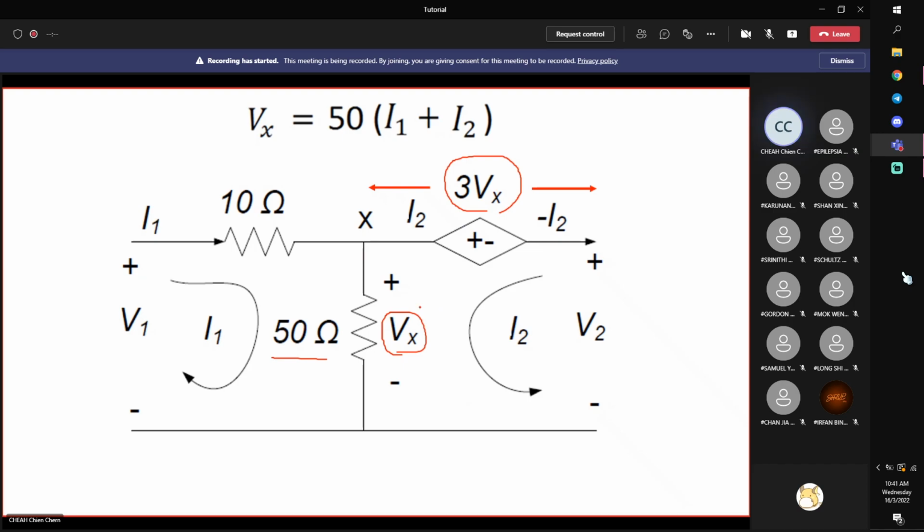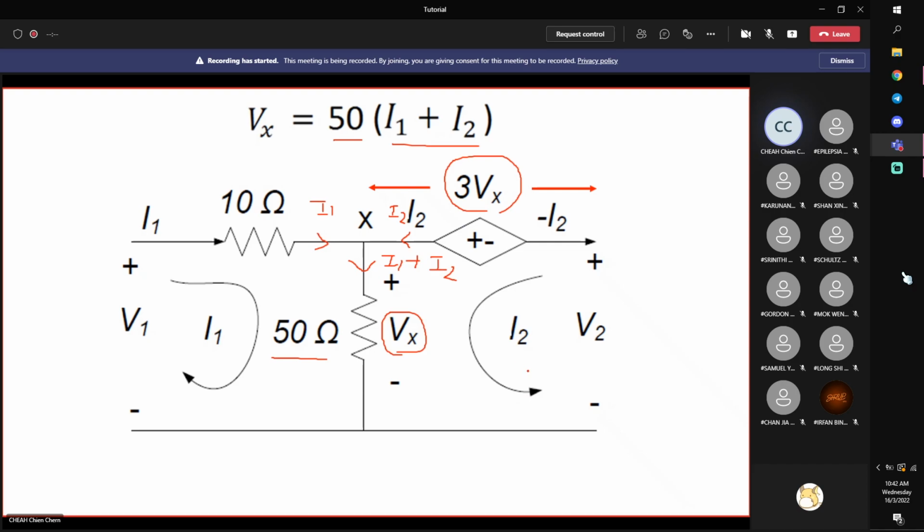Here, this is I1, this is I2, right? So this current is I1 plus I2. Kirchhoff's current law: inflow adds up to become outflow. So (I1 plus I2) times 50 is Vx, which means that 3Vx is 150 (I1 plus I2). Okay, with that, everything is in terms of the 4 variables, right?